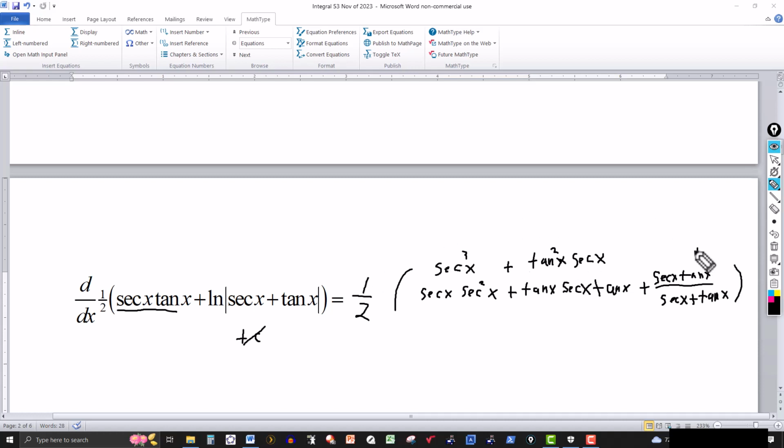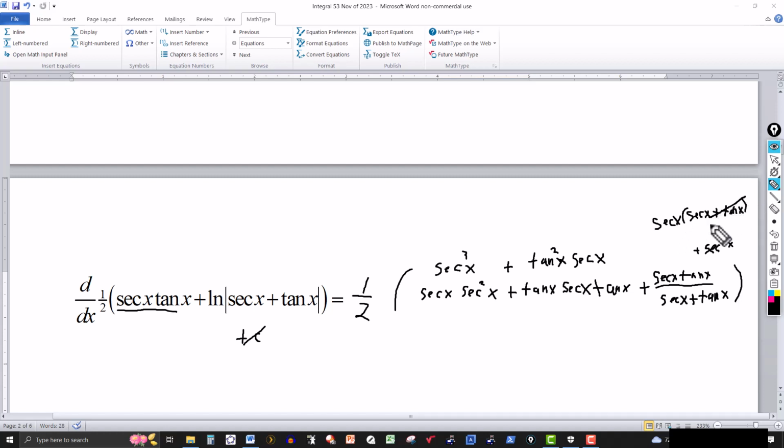So let me just put this up here, plus secant squared. So let's factor out a secant here from the numerator. Taking out a secant, that still leaves me a secant there, and a tangent over here. So this will be secant plus tangent of x. So in the numerator, I have secant of x, and then multiplied by secant of x plus tangent of x.